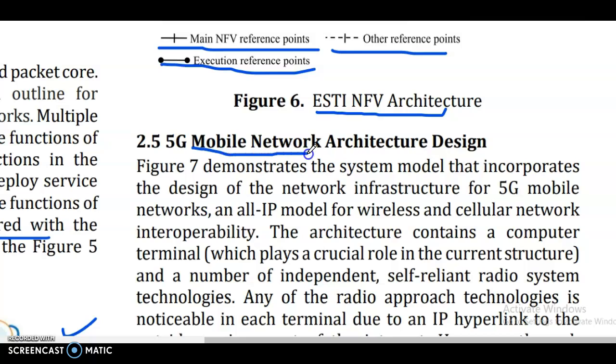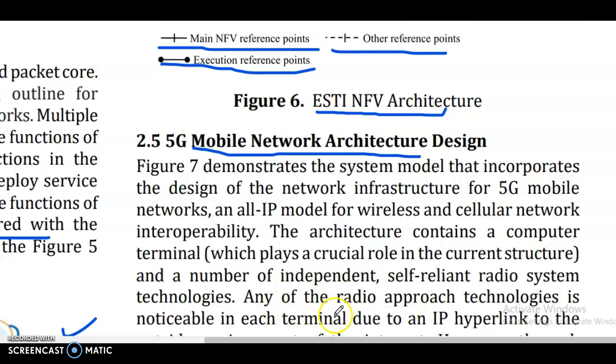Next, 5G mobile network architecture design. The figure demonstrates the system model that incorporates the design of the network architecture for 5G mobile networks and an all-IP model for wireless and cellular network interoperability. The architecture contains a computer terminal which plays a crucial role in the current structure, and a number of independent, self-reliant radio system technologies.